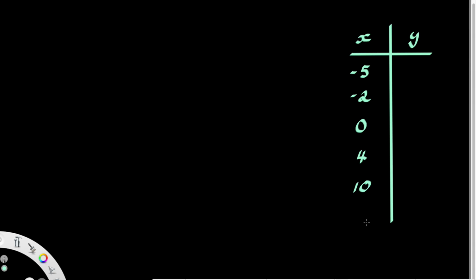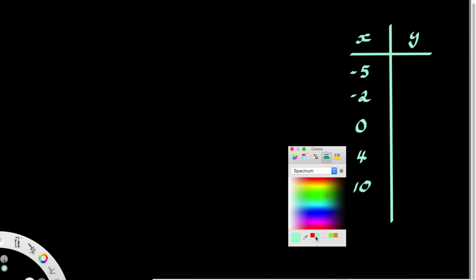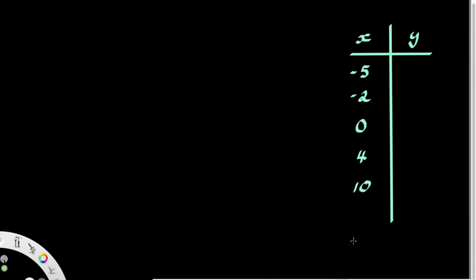Now I've got a rule in my head, and I'm going to apply that rule to these numbers, and I'm going to tell you what the y value is. I'm not going to tell you what the rule is, I'm just going to write down the y values. So I'll change colour. Okay, so that will be 5.